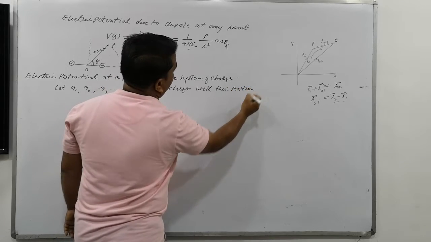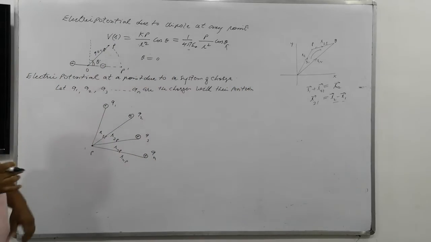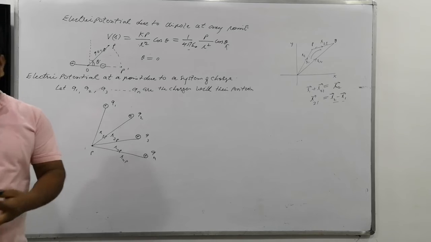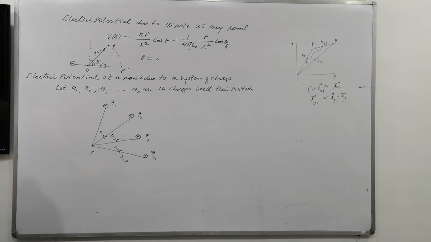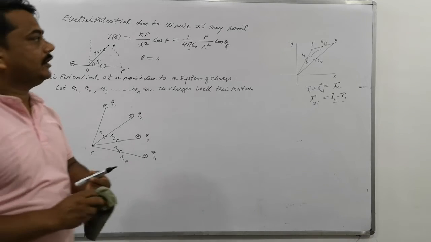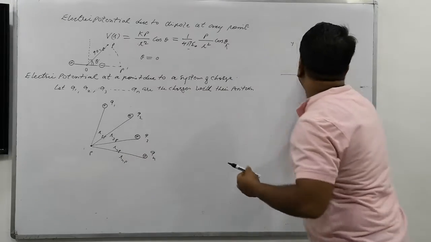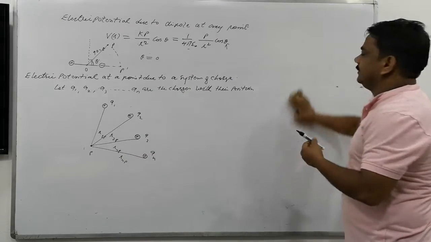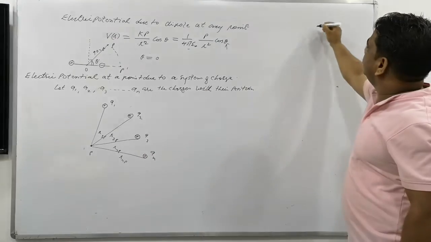Do you know why we write the position vector of the charges here? The reason is that the formula of the potential involves the distance between the charges. What is the formula of potential?